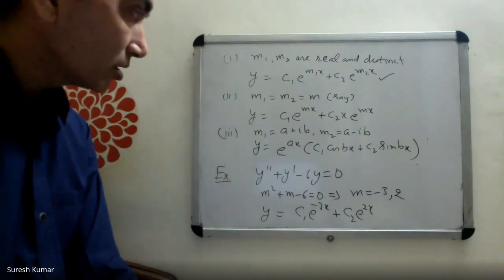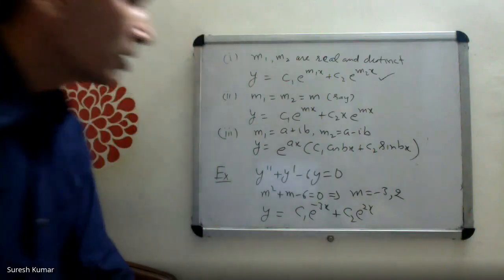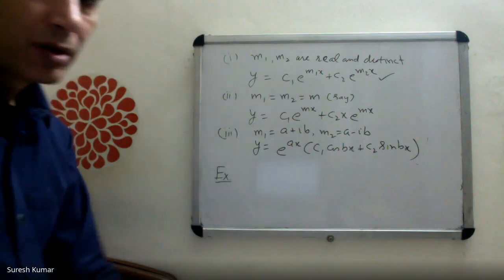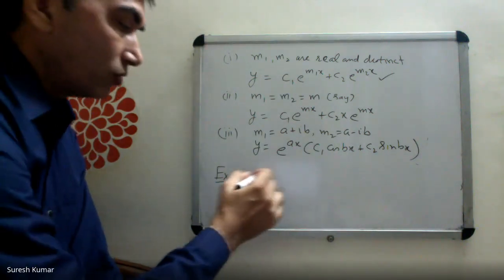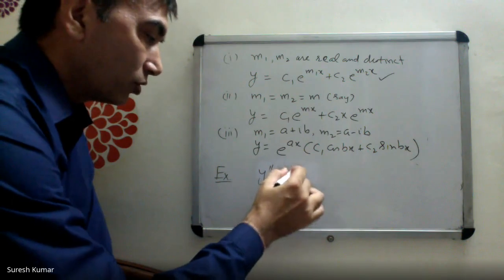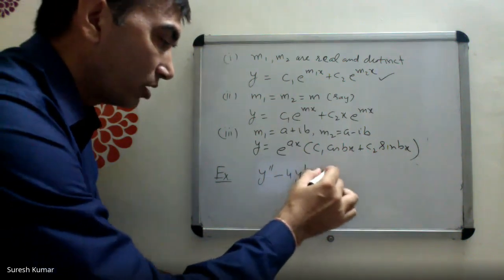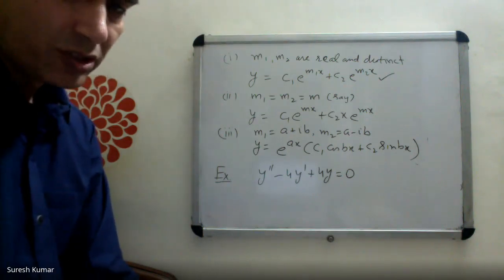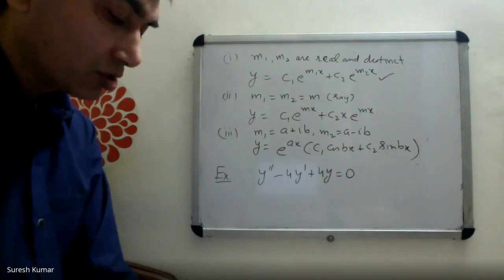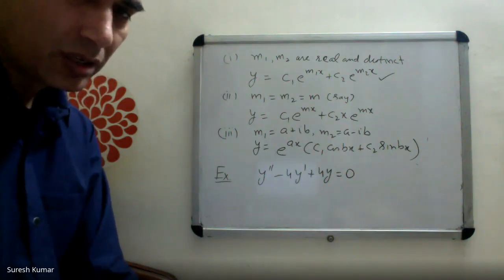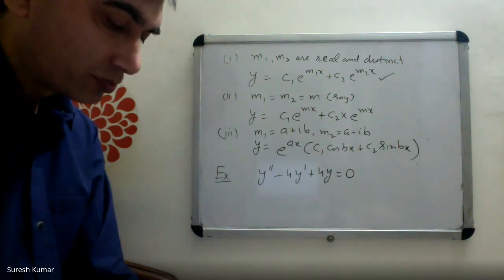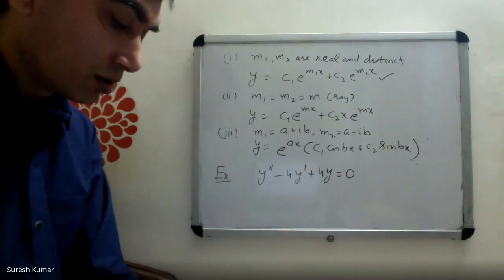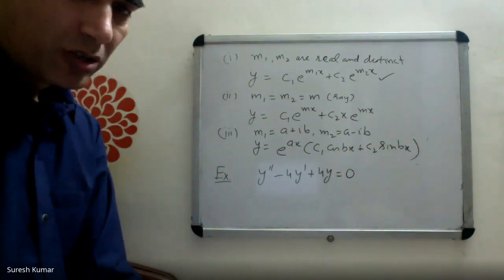Now let's see the next example. Second case. Solve the differential equation y'' − 4y' + 4y = 0. Try it yourself first. Write the auxiliary equation, find the roots, and then write the solution. Tell me your answer.